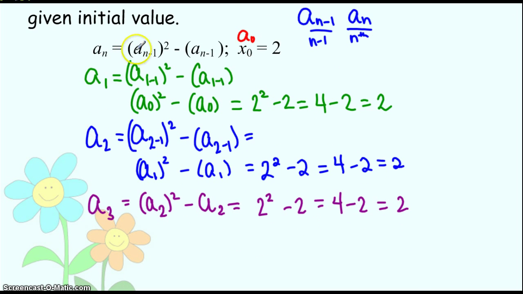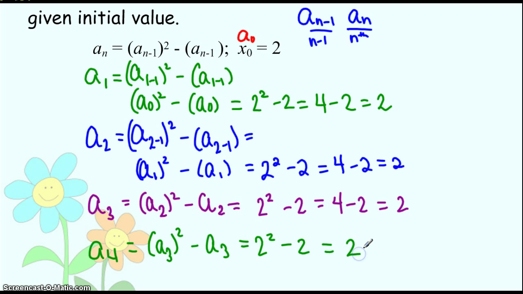Not every time that you write this in terms of a sub n minus 1 will you get the same answer. It just happens to work out for this equation. So a sub 4 is our answer for a sub 3 squared minus a sub 3. So 2 squared minus 2 equals 2.